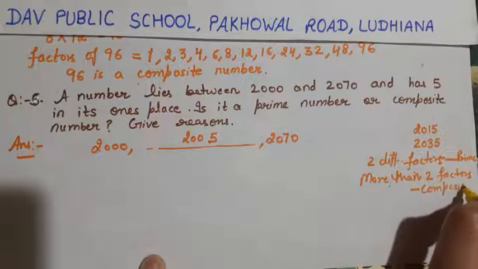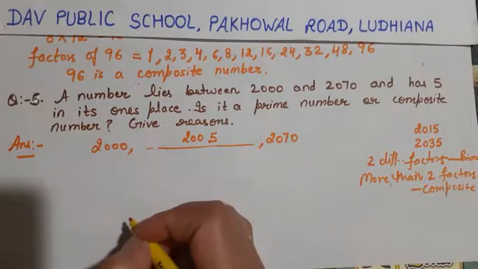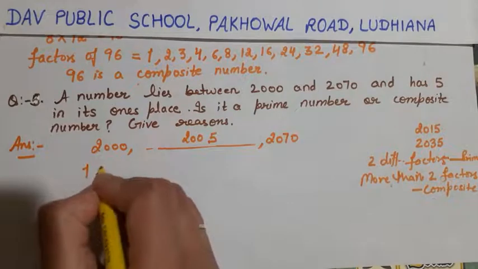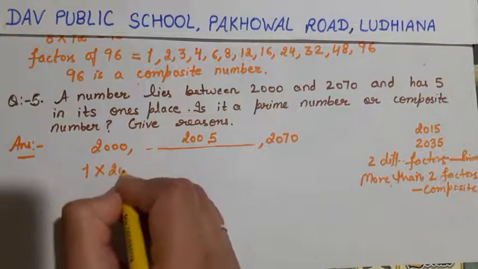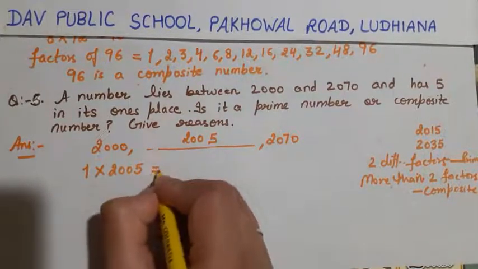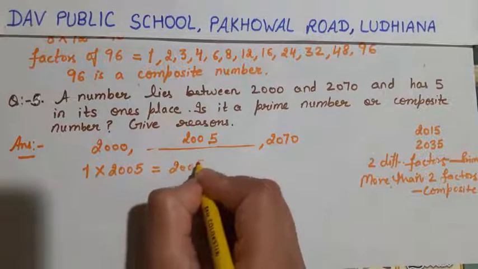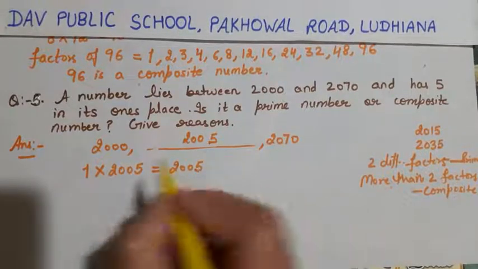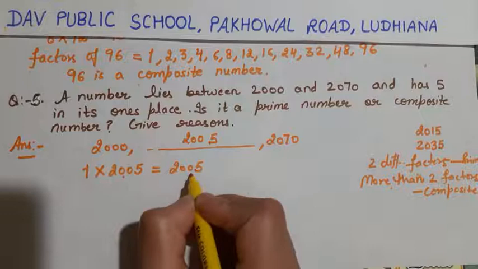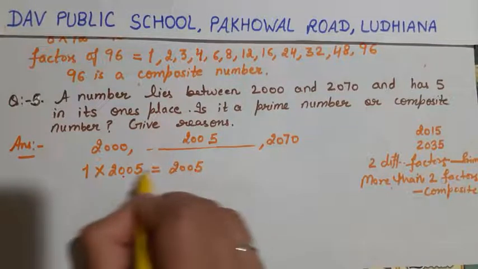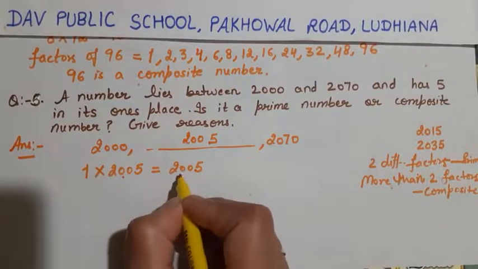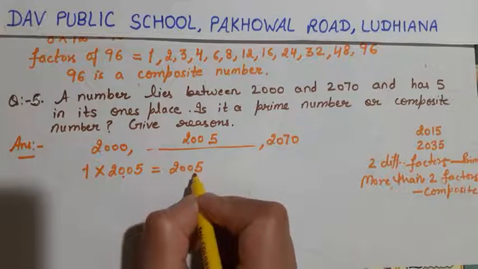So we will check for its factors, okay. As you know that 1 is a factor of every number, so 1 multiplied by 2005 is 2005, okay, and 2005 is also a factor of 2005, okay. It is multiplied with 1, which comes to 2005, okay.